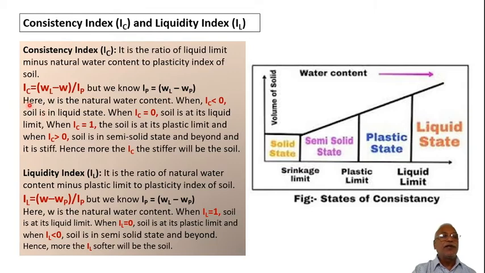One can analyze that if W is the natural water content, IC will be less than 0 when WL is less than W. Here, the natural water content is more than the liquid limit, so that WL minus W will be negative, and then IC will be less than 0.